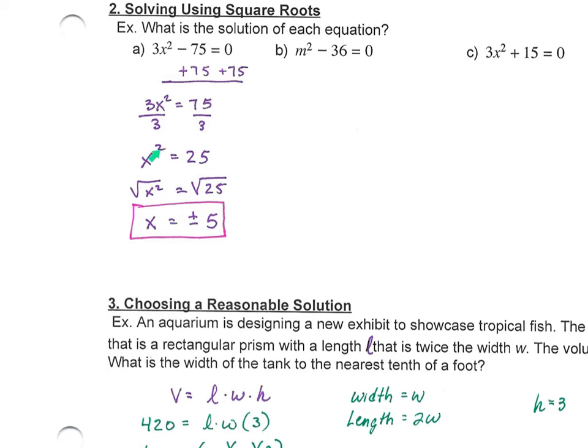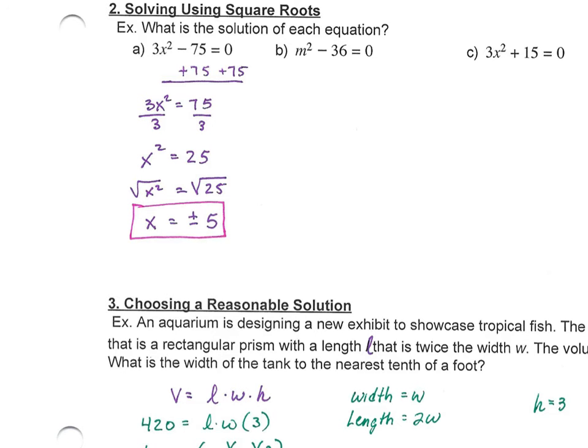And to get rid of the x squared, because I want to solve for x, I would find the square root of both sides, and then x is going to be equal to the positive or negative 5. Remember, 5 times 5 is 25, and negative 5 times negative 5 is 25. So we have x is equal to plus or minus 5. And that's how we're going to continue to solve these.